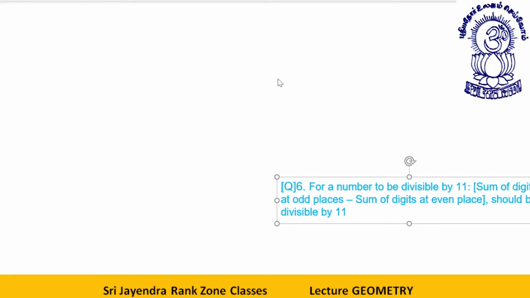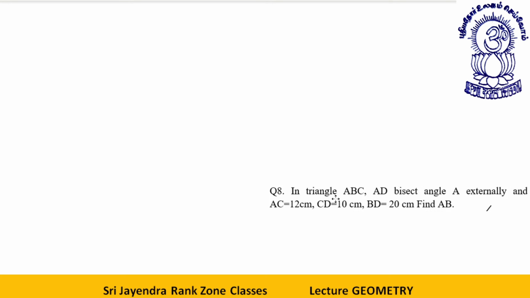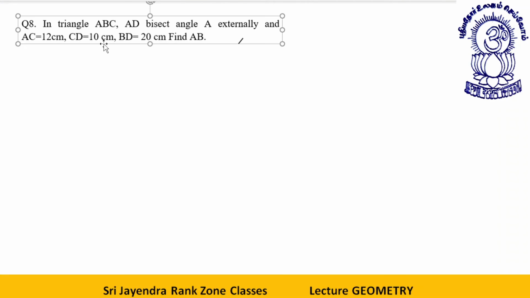Let me get this next question for you. In a triangle ABC, AD bisects angle A externally. Okay, let me draw the figure.